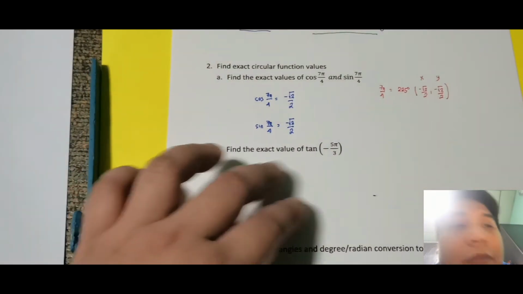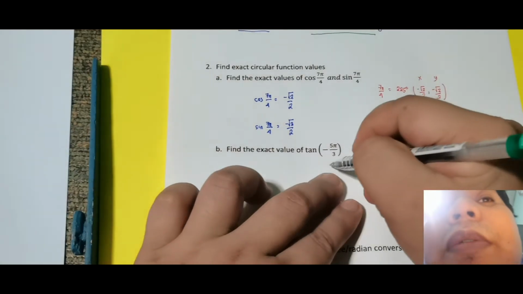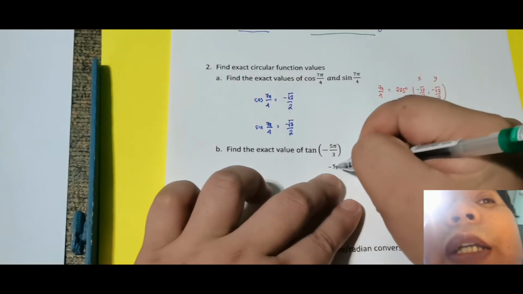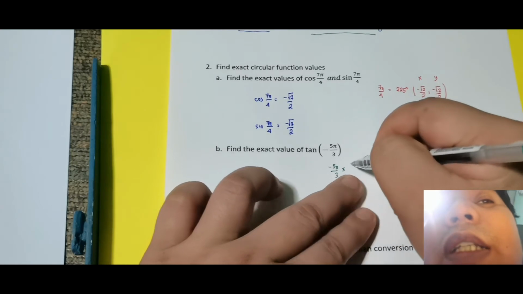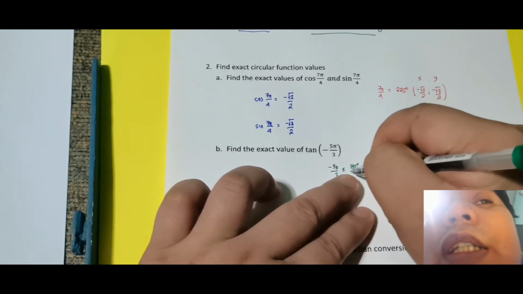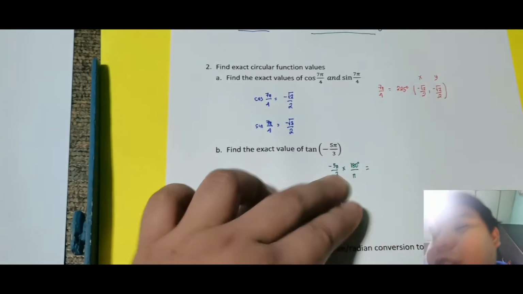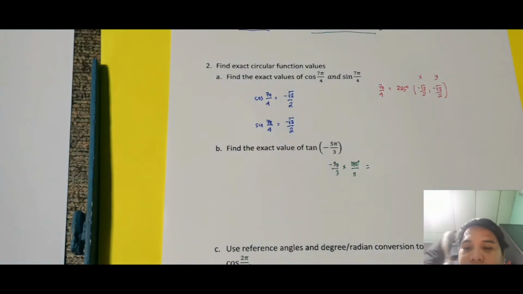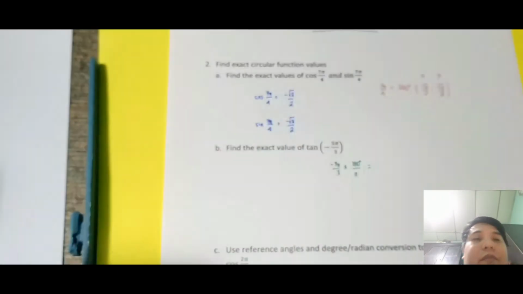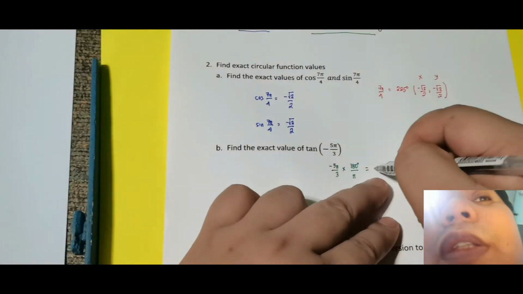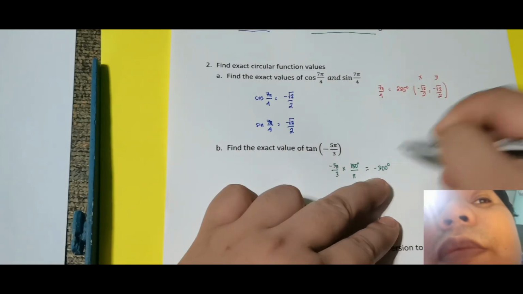Converting to degrees, multiply by 180 divided by pi: negative 5 times 180 divided by 3, that is negative 300. So this is simply negative 300 degrees.